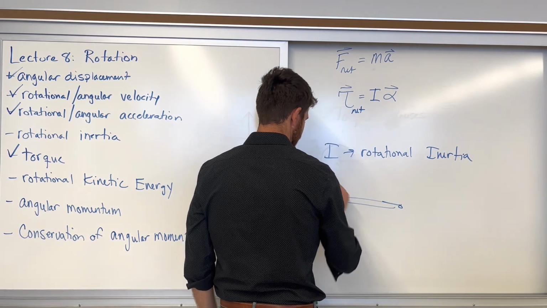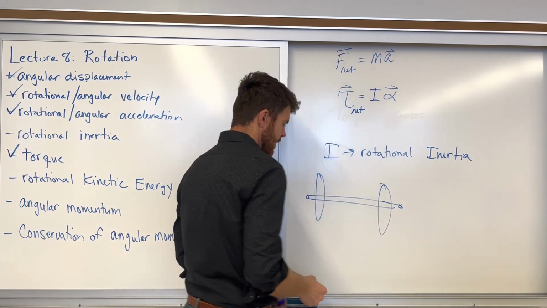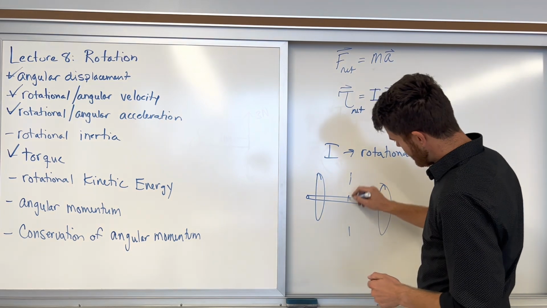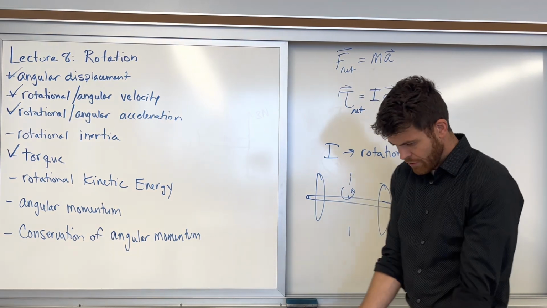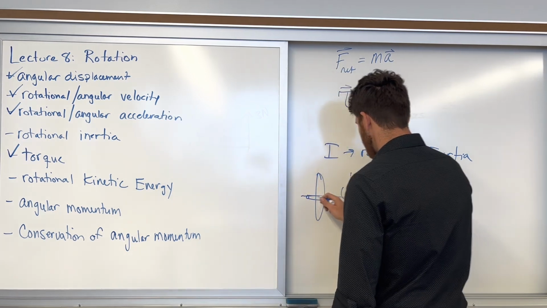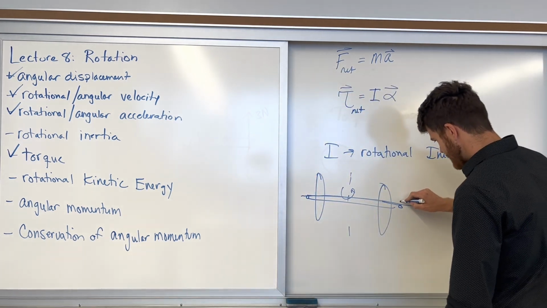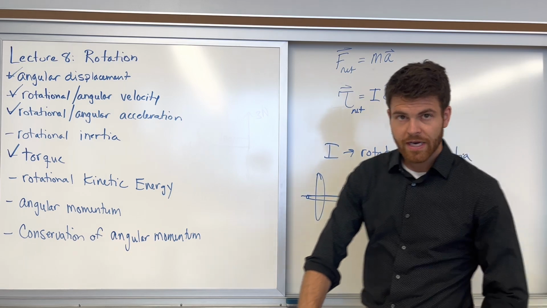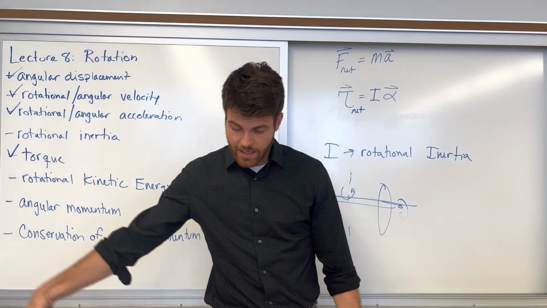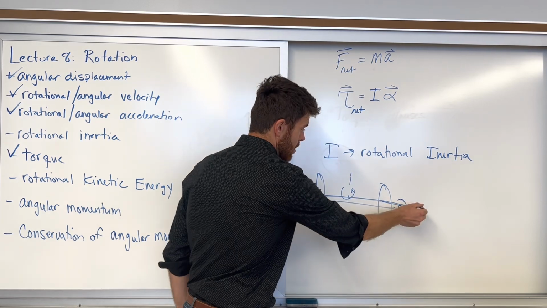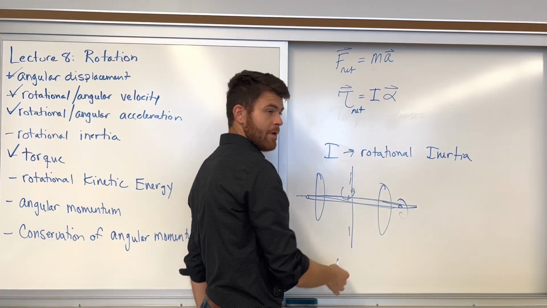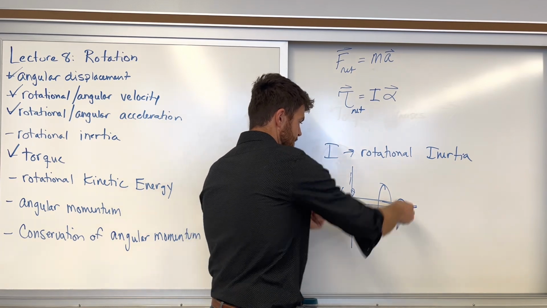And it has the big plates on it. Now, is it easier to rotate that barbell about this axis? Or is it easier to rotate it about this axis, rotating it this way? It's much easier to rotate the barbell about the axis that runs along the length of the barbell than it is about an axis that runs through the middle of the barbell, rotating this way.